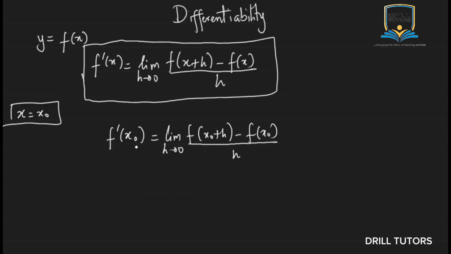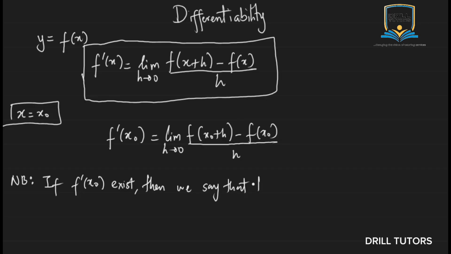Do you understand? Now, you should note this, which I observe most of you didn't really note: if f prime at x naught exists, then keep this in mind, we say that the function is differentiable.